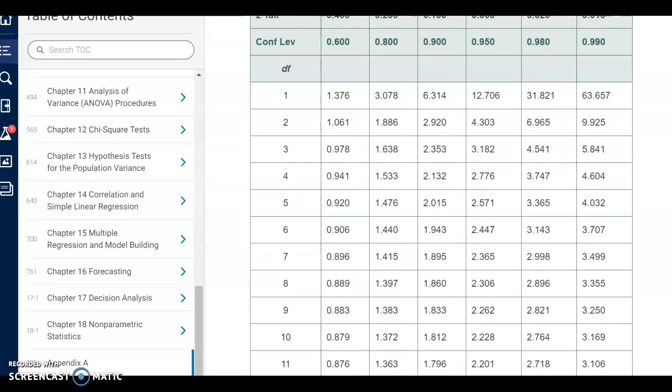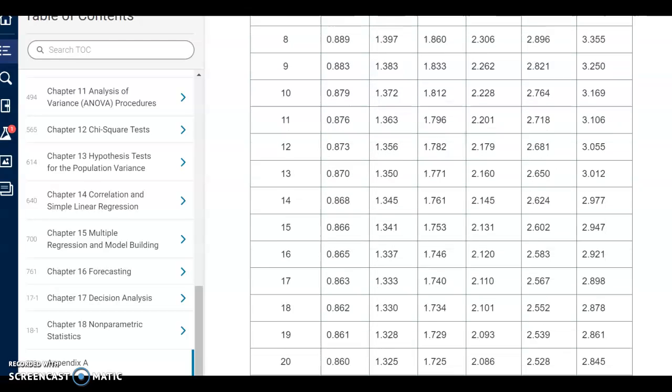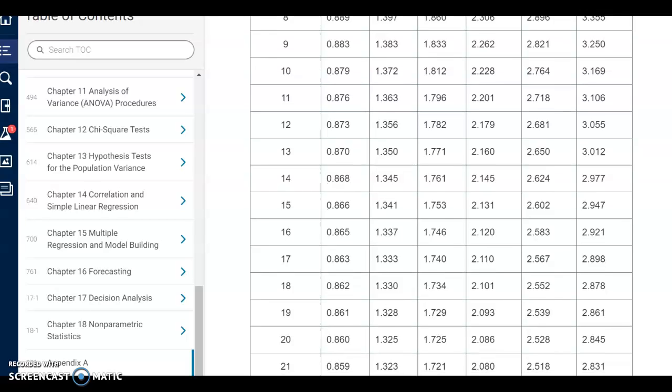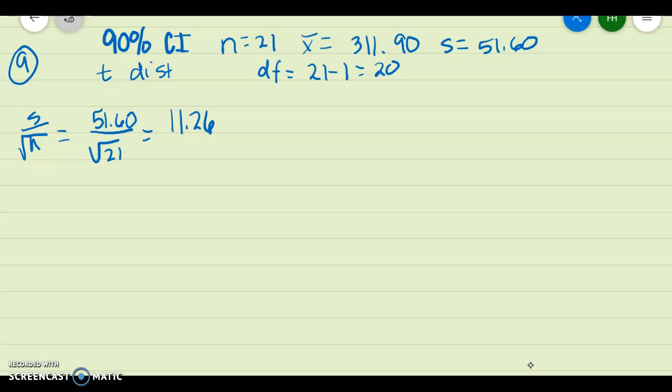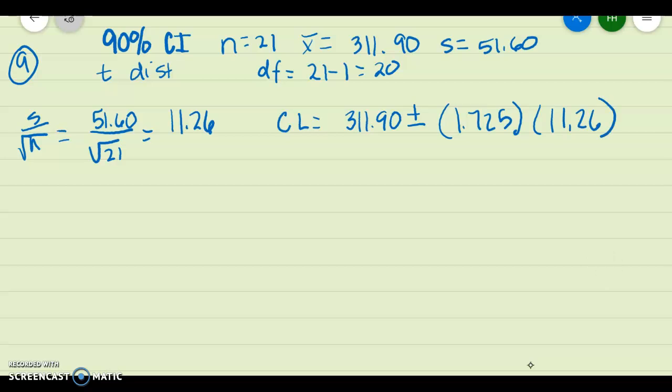So 90% is going to be this third column, and then 20 would be 1.725 for our t value. So we're going to do our confidence limits. We're going to do our mean plus and minus 1.725 times 11.26.